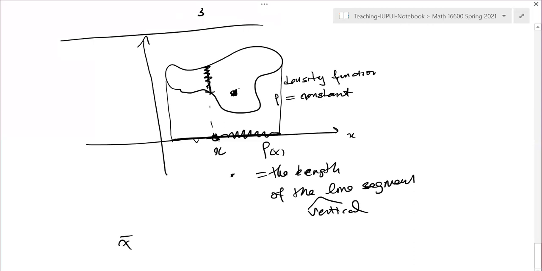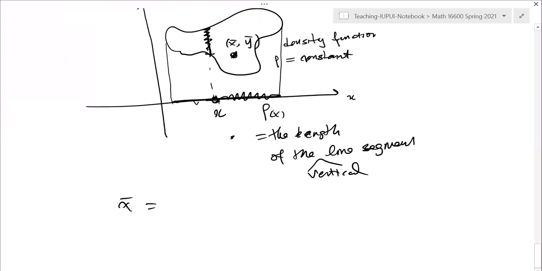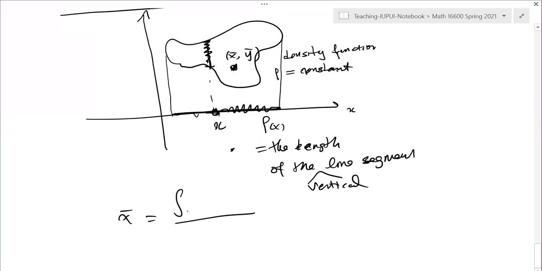So x bar is given by this formula. If here's a, here's b, then this will be the integral of x rho(x) dx over the integral of rho(x) dx.